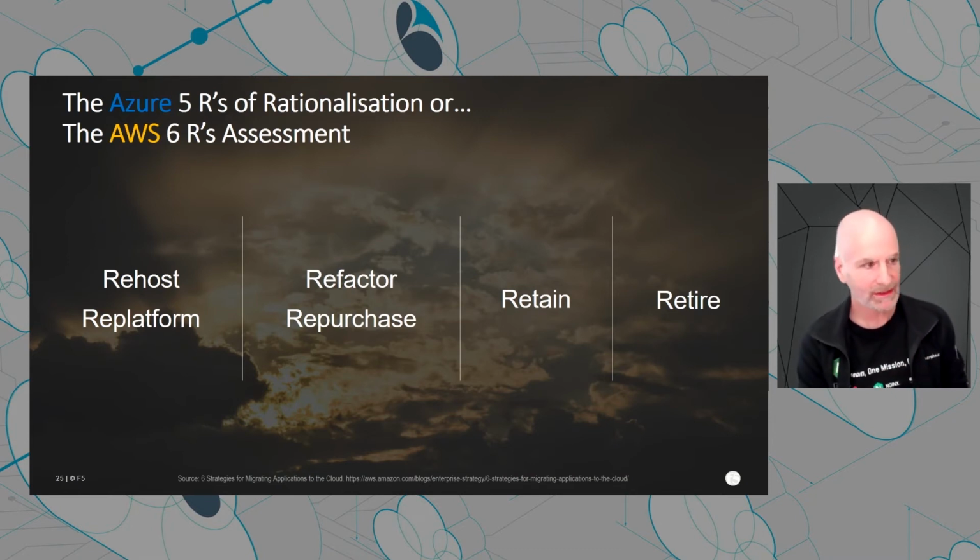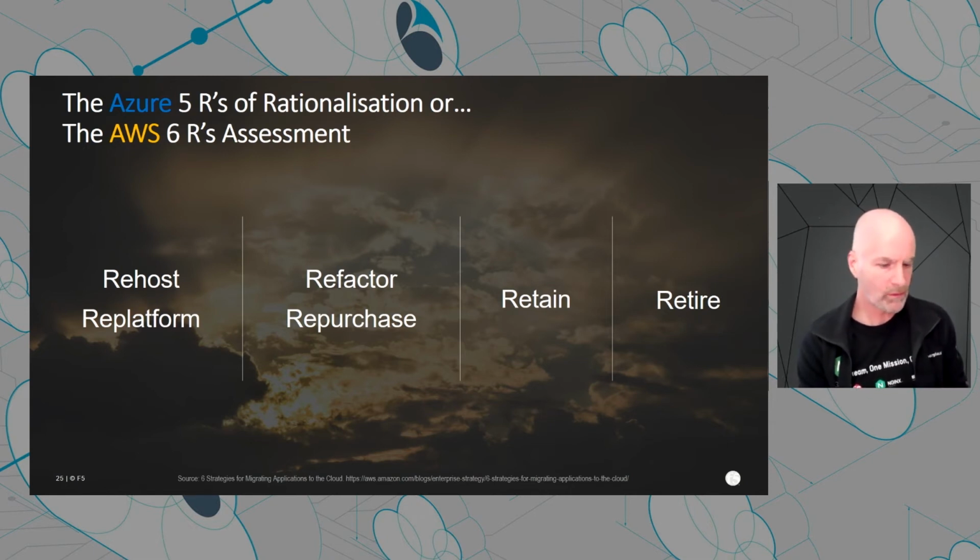AWS call it the 6 R's assessment. But really, they're all telling you the same thing. They're saying that before you start moving to the cloud, you need to understand how many applications you've got, and you need to decide what you're going to do with all of them. And this is one of the biggest pitfalls that we see. And we're going to have a poll question on this a little bit later.